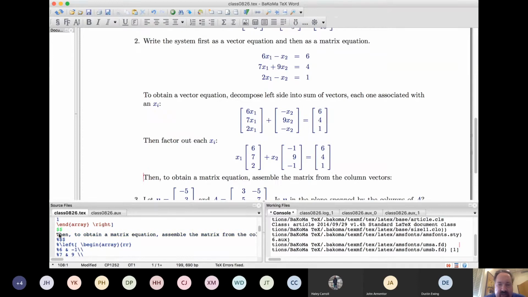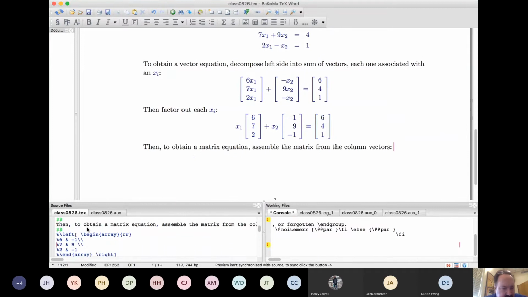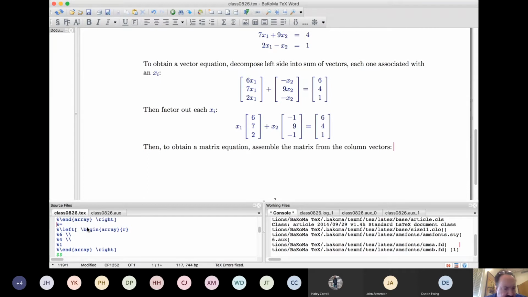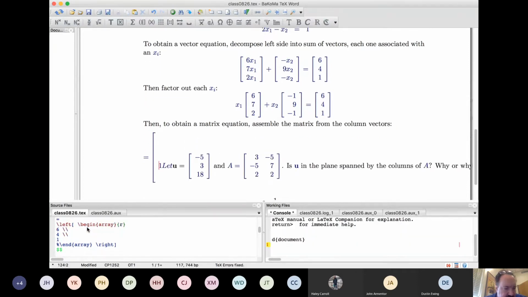So we just take whatever vectors we have from our vector equation, and we put them together. Let's go on the right side first. That part did not change at all during this whole thing.